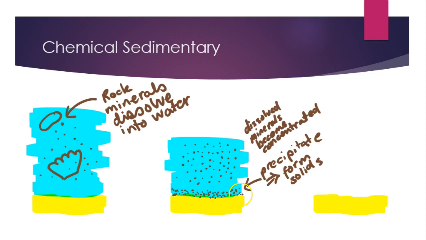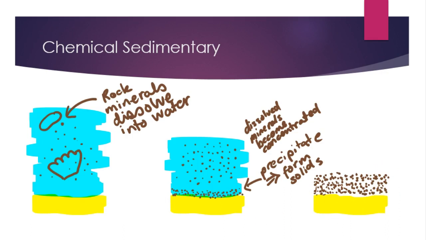Now, if this happens quite slowly, these can become crystallized and form crystals. If not, they form really fine crystal sediments that don't look very much like crystals until you look at them more closely. And in the end, you end up with a solid mass at the bottom that was once dissolved rock or dissolved shells, and it's formed a new type of sedimentary rock.